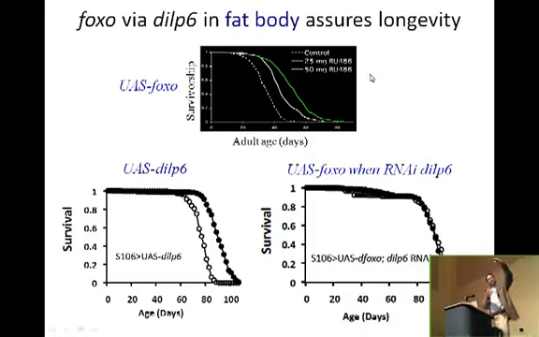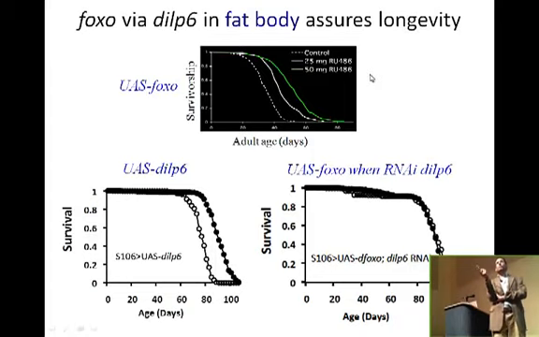And now we're saying FOXO is upstream of DILP6. So we ask the question, does overexpressing DILP6 itself in fat body, this is increased insulin signal, not decreased, increased insulin, extend lifespan? And it does. That's what's happening right here. The black circles relative to the white ones.